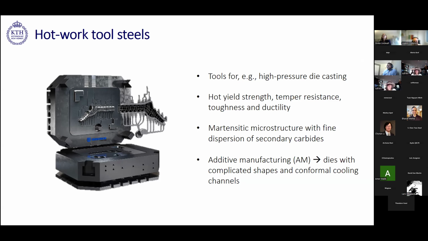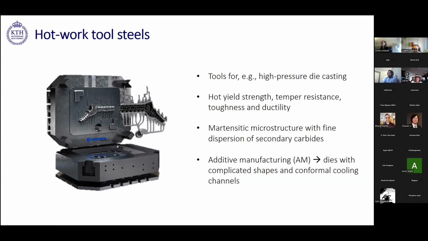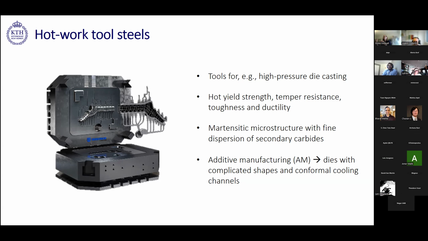Conventionally, these tool steels would be manufactured by electroslag remelting. So you would get a coarse solidification structure, and this is then exposed to a number of thermomechanical treatments, and in the final step it is exposed to a hardening treatment.